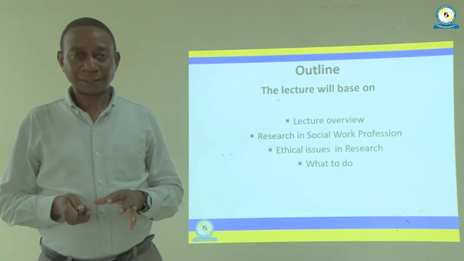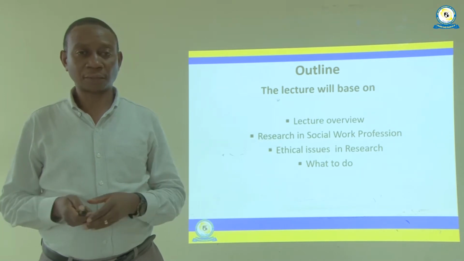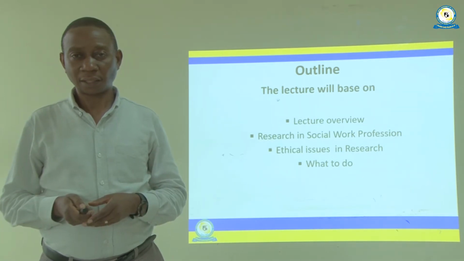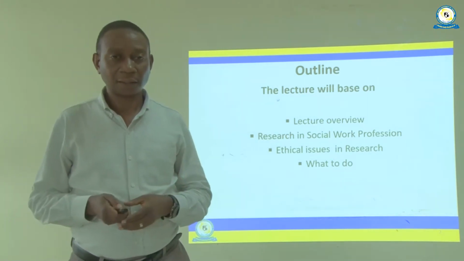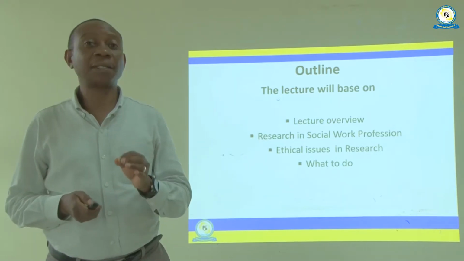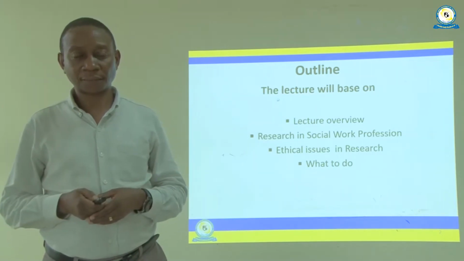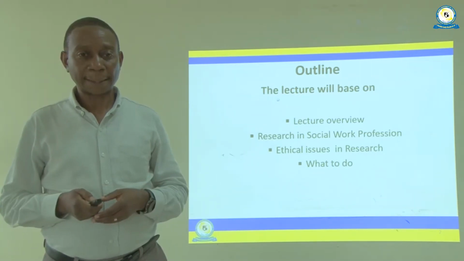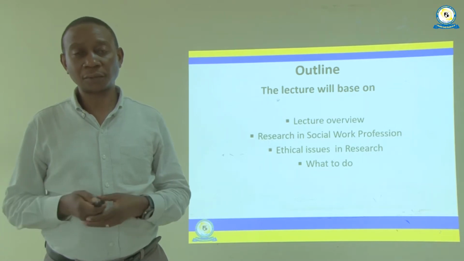We look into about four issues: an overview of social work research, then research in the social profession, and the ethical issues in research, because this is the main issue that we are going to discuss at large. And then, why ethical issues in research? What should we do?